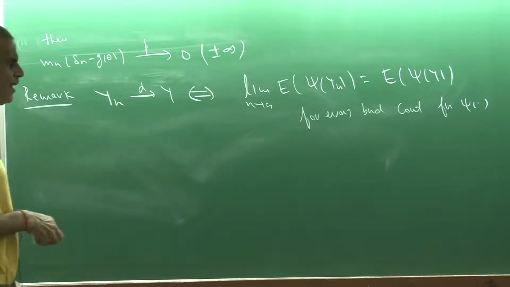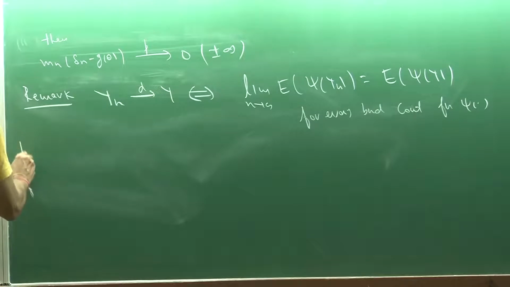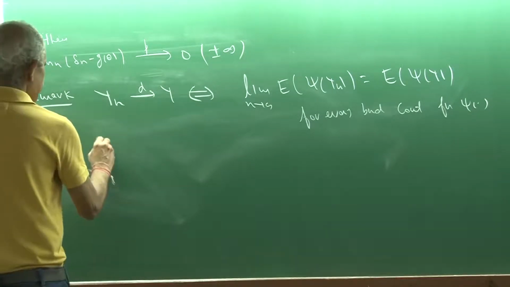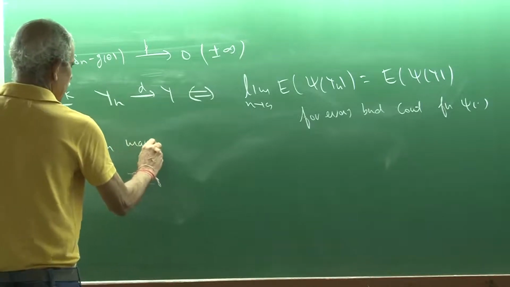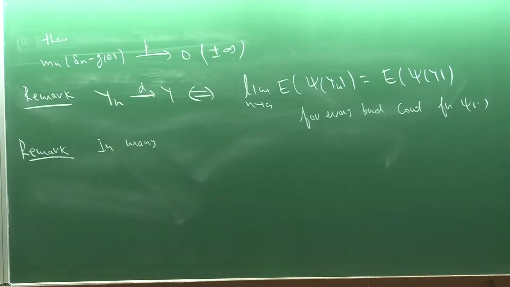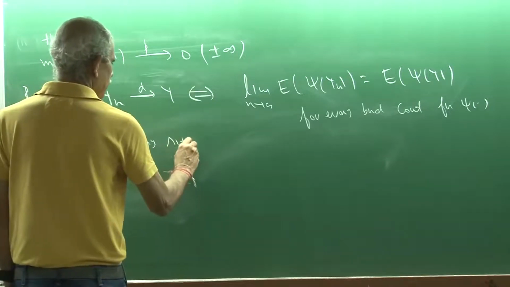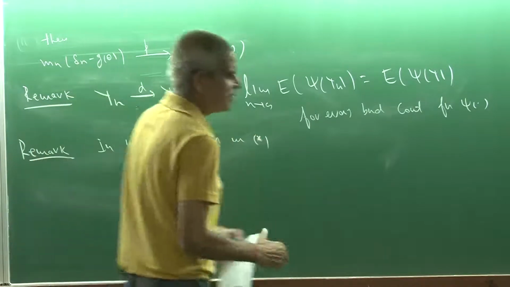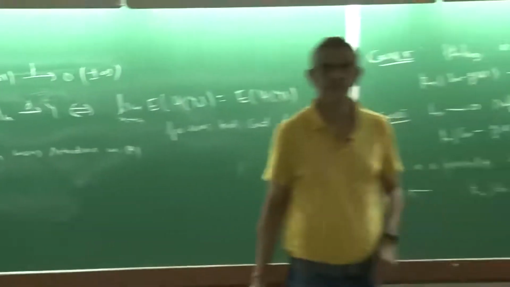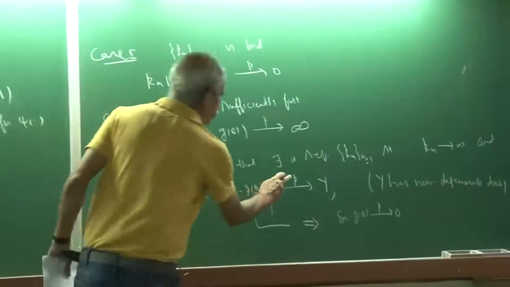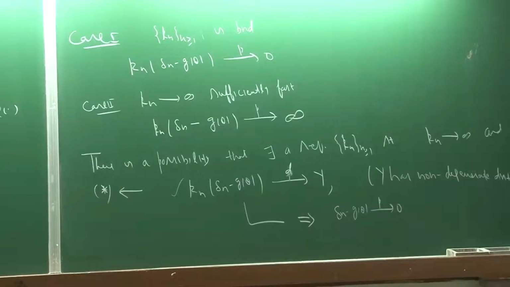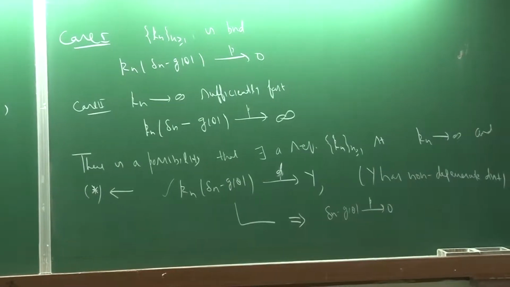Now, what would happen is in many situations, let me write down again as a remark, in star, that means when Kn times delta n minus g theta goes in distribution to Y, not in probability to Y, where Y is a random variable, this Y is normally distributed.